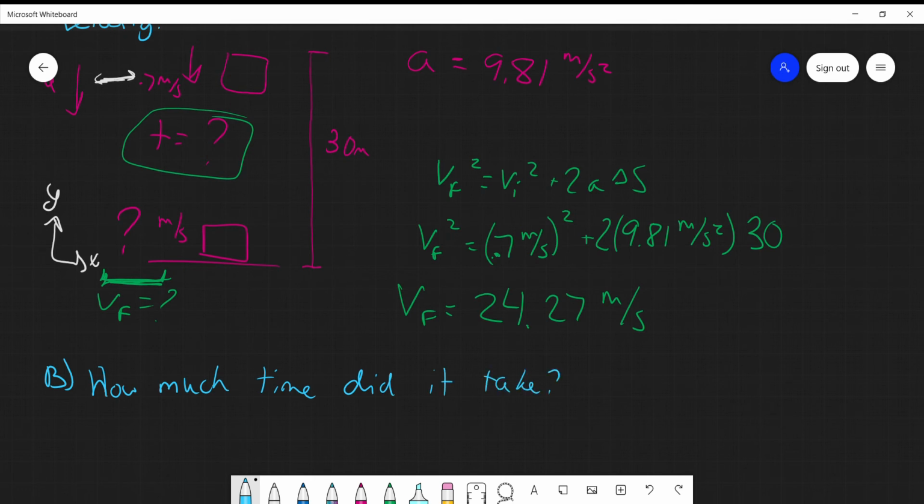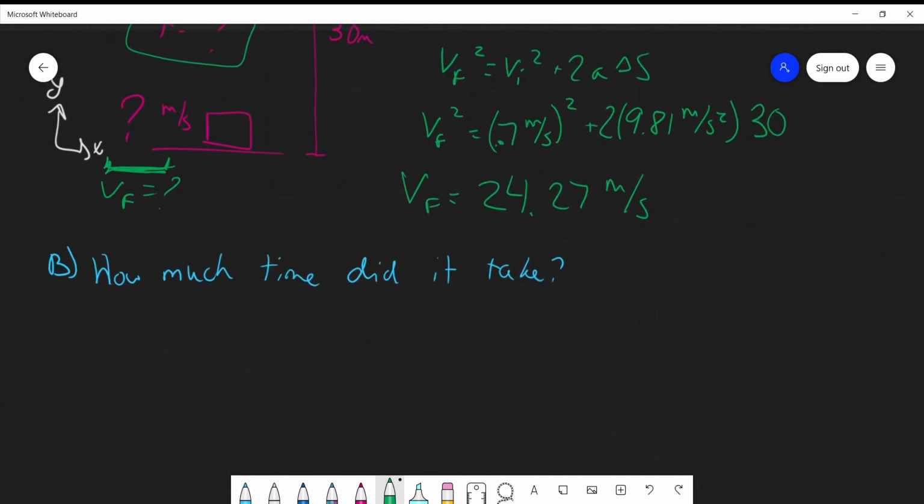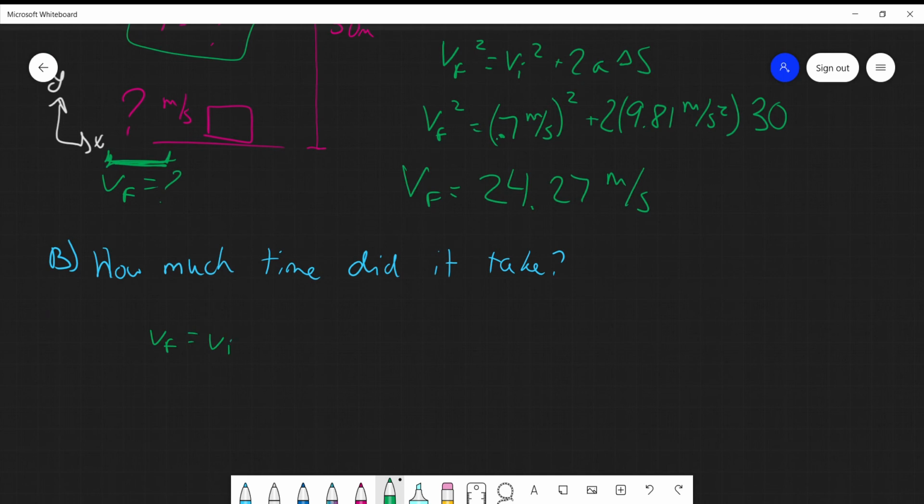This one is going to deal with that kinematic equation that I had erased, where VF equals VI plus A delta T. We found our VF, so this becomes 24.27 equals 0.7 plus 9.81 times delta T. So we just subtract that 0.7 from the 24.27, and we get 23.57 equals 9.81 delta T. Now we just divide by 9.81, and we get T equals 2.4 seconds.